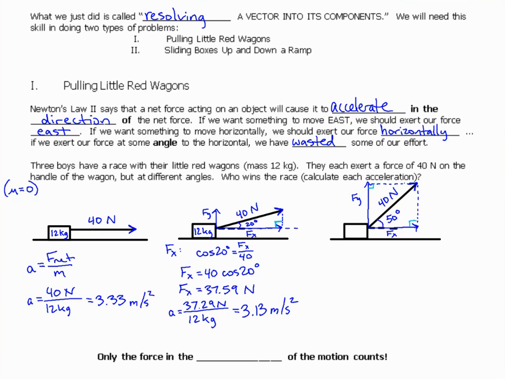And we want to know what is the horizontal component of the force. Again, it's going to work the same as last time. So we have an angle with an adjacent side and a hypotenuse. So this time it's cosine of 50 degrees equals the horizontal component of the force divided by 40 newtons. Solve for Fx.